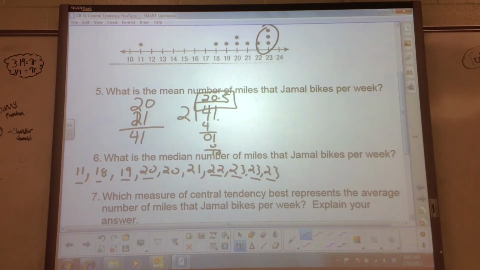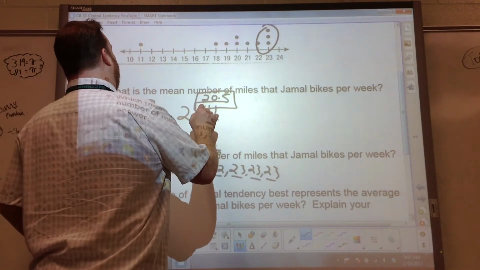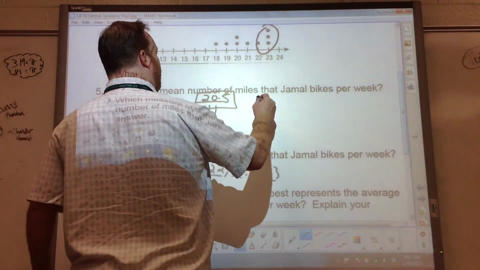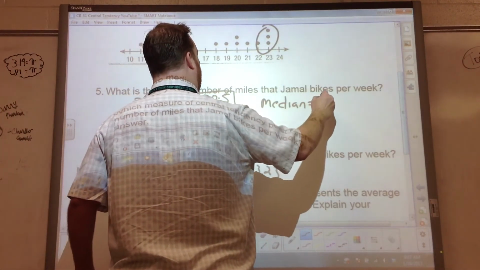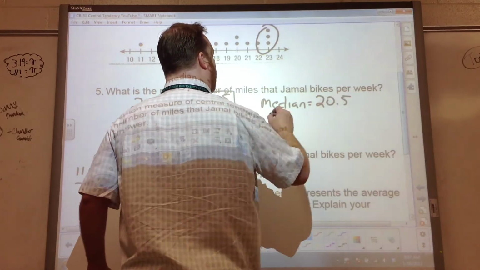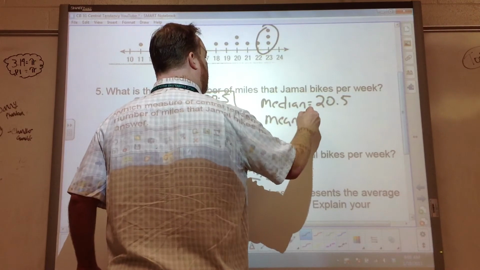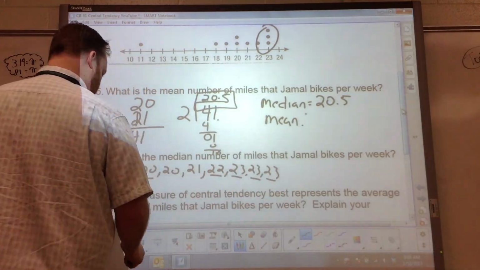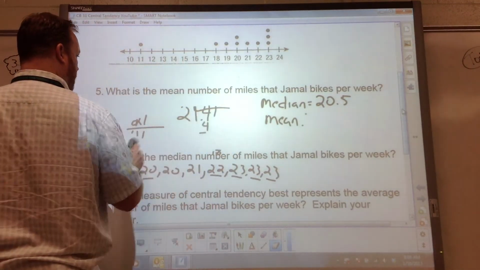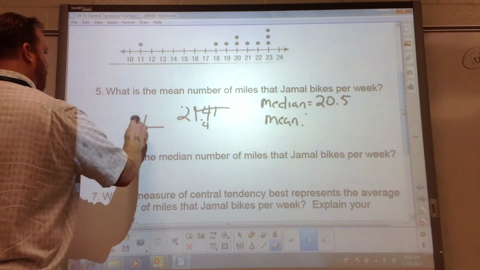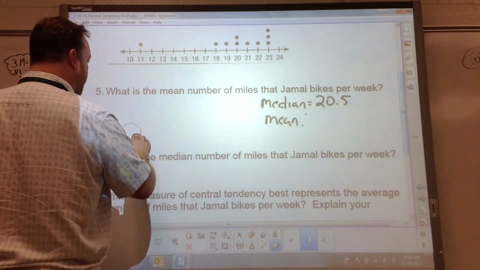Now, it asks which measure of central tendency best represents the average number of miles that Jamal bikes per week. Explain your answer. So I'm going to go ahead and find the mean quickly. I know that the median is 20 and a half. Let's find the mean real quick. I'm going to do this quickly with a calculator.